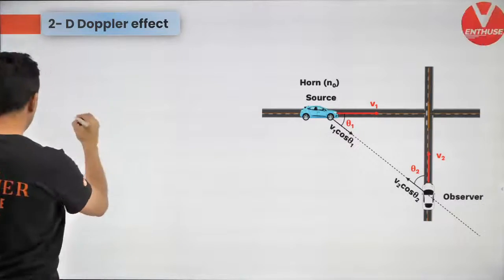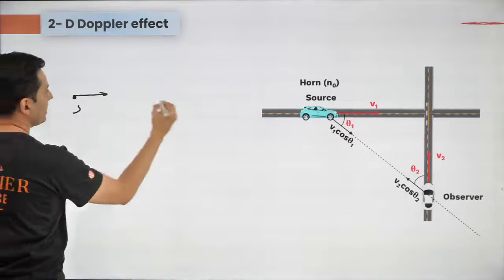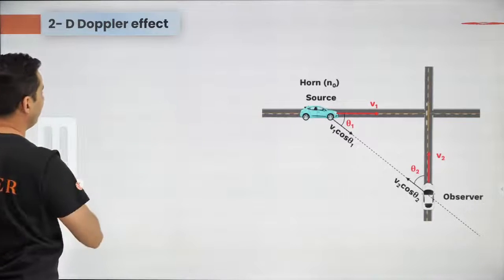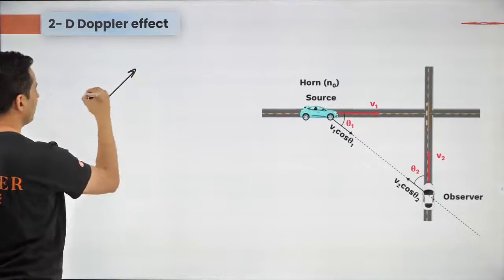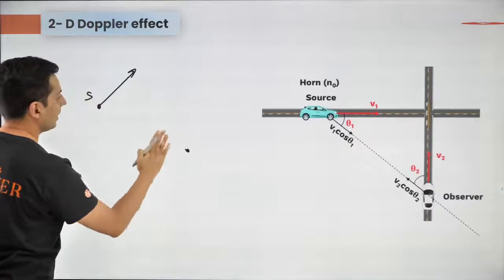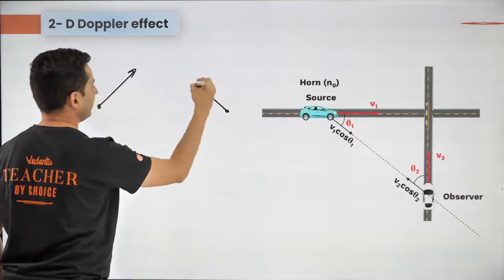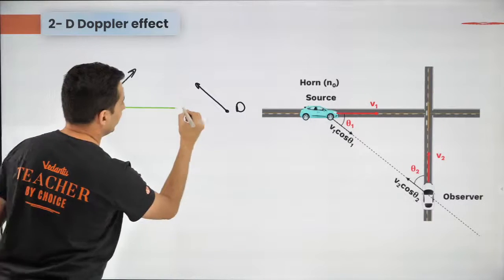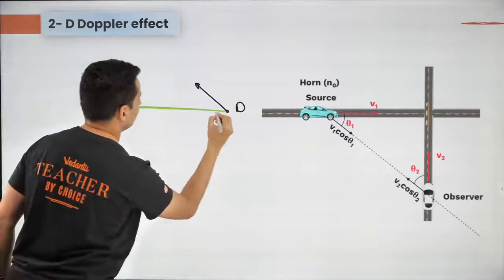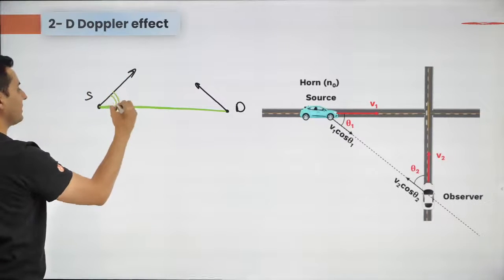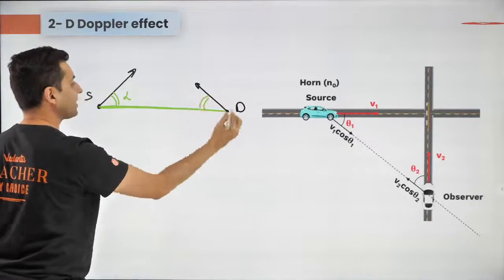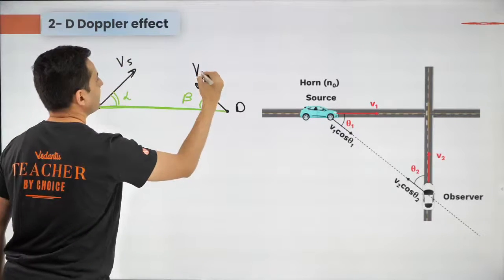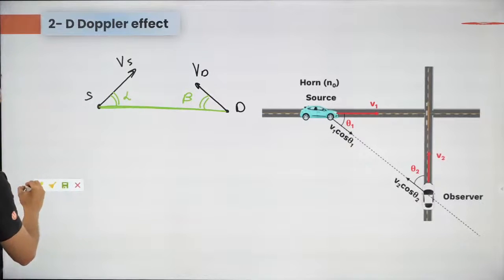Remember, if the source and detector are not moving along the same line, say the source is moving here and the detector is moving like this, then what you need to do is just draw a line between the source and the detector and take the components along that line. If this is Vs and this is Vd, then just take the components along that line.